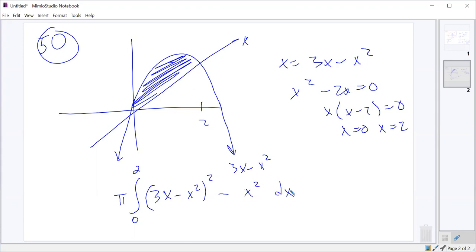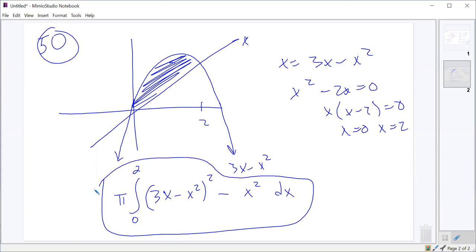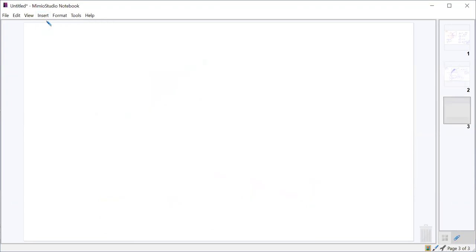So x squared dx, which looks to be answer choice pi 0 to 2. Looks like that's choice C. Any questions there on that? All right.